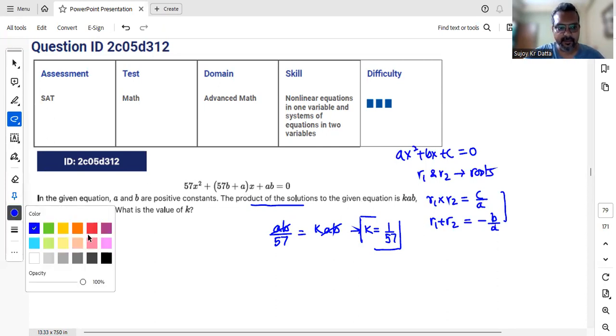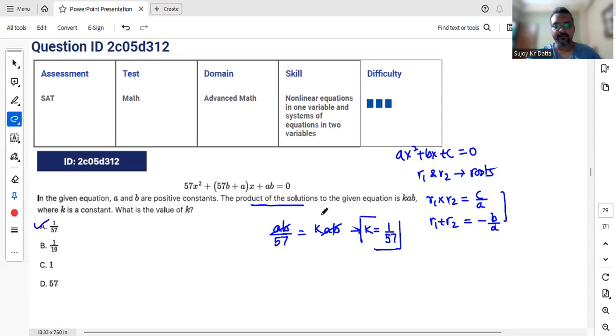Alternatively, if you are not aware of this relation, we can still do something pretty neat. We can say that this is a quadratic, and the solutions, let's say, are R1 and R2. So we can write this equation as, because 57 is here, 57 times (x minus R1)(x minus R2). These two are equivalent equations.